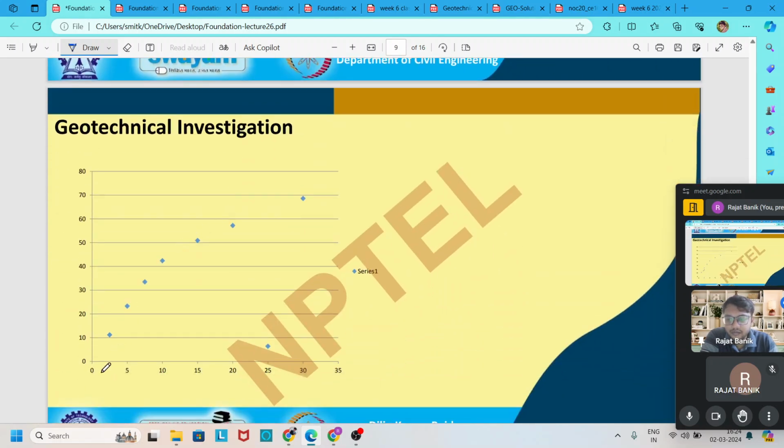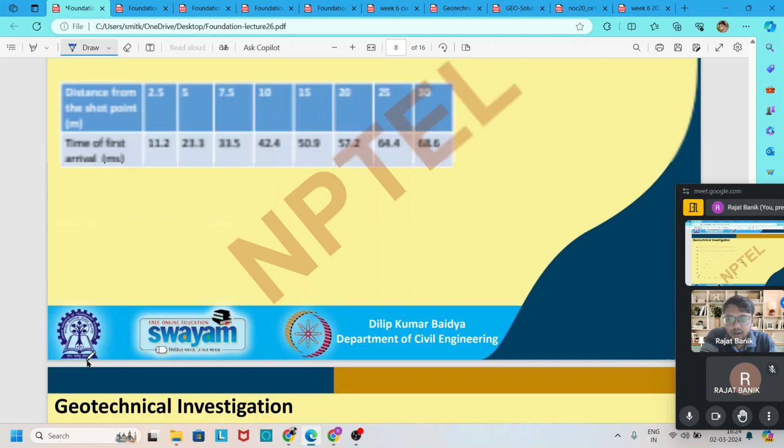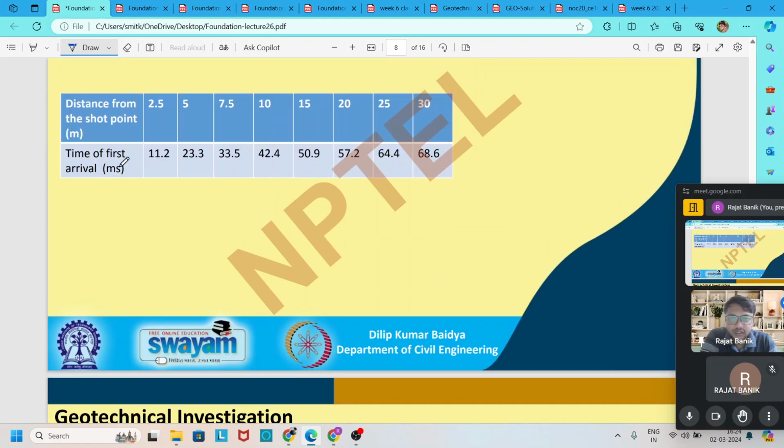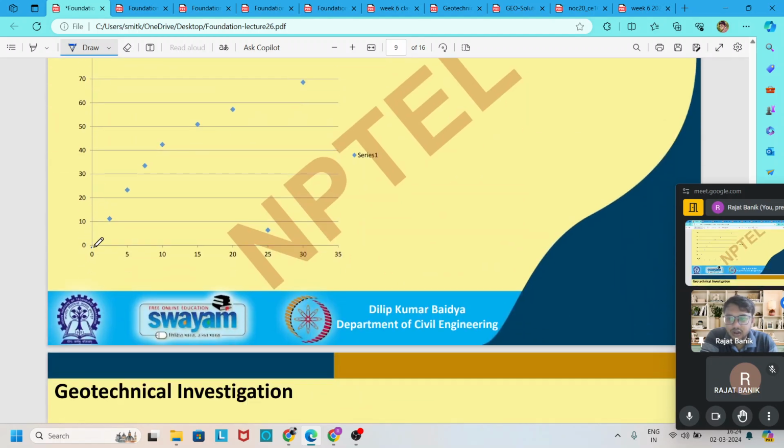Here one test result is given and a plot is drawn. If you join like this, the first line is here, the second line is here; from here to here it is L1, from here to here is L2. First find out the slope of this line, theta 1, theta 2.